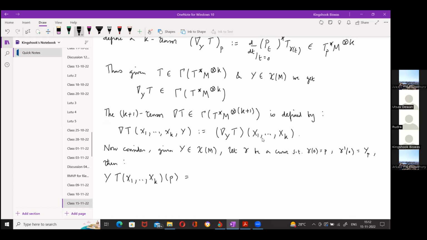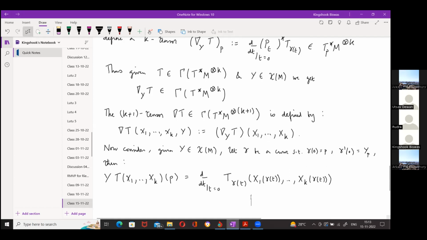This is by definition d/dt at t equal to 0 of T at gamma(t) acting on x1(gamma(t)) up to xk(gamma(t)), right? Okay.